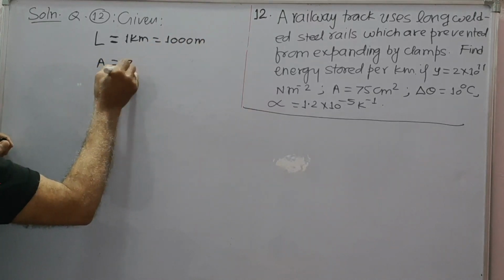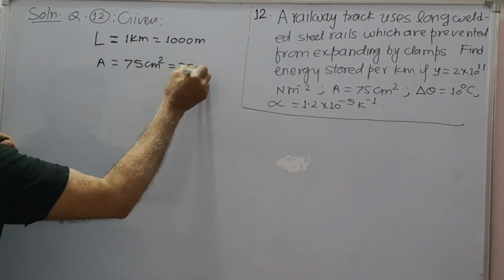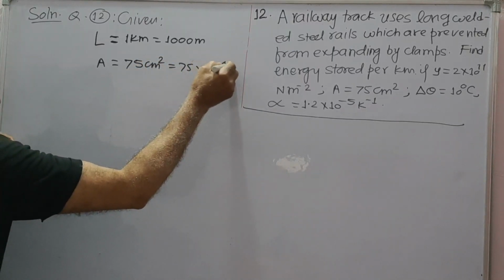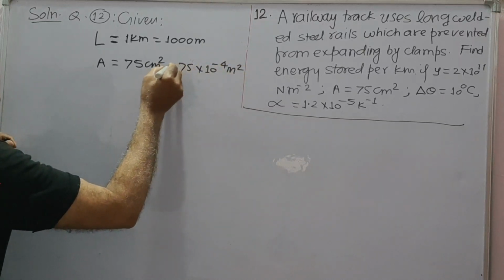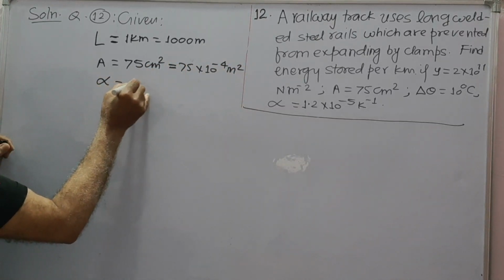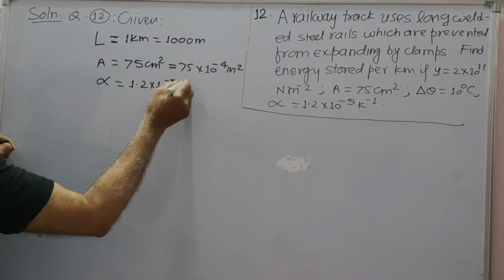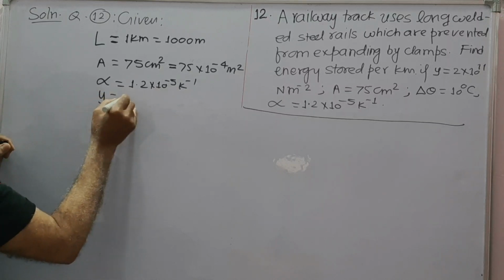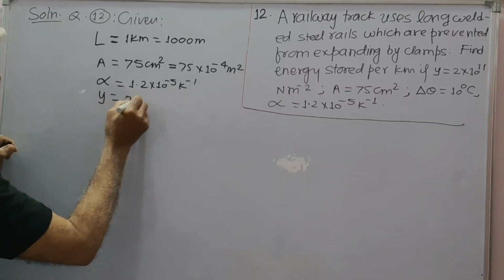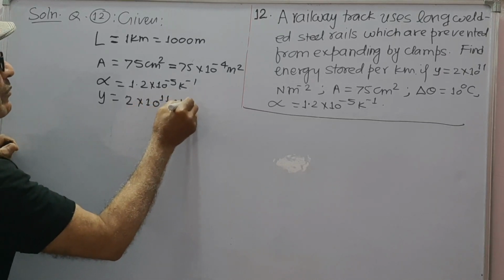Area is 75 cm square, which is 75 into 10 to minus 4 meter square. Linear expansivity alpha 1.2 into 10 to minus 5 per Kelvin. Young's modulus 2 into 10 to power 11 Newton per meter square.